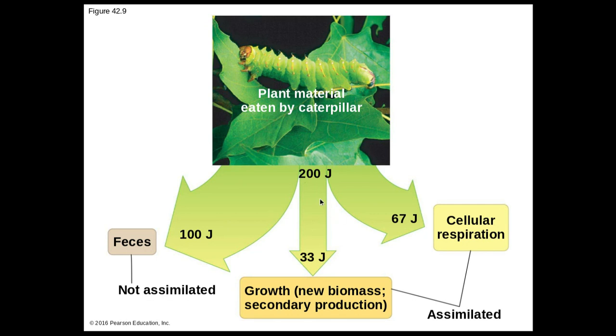Out of that 200, only 33 joules are going to be used for growth, either making new parts of itself, or which are then going to be consumed by the next consumer in secondary production. So only a very small amount of that 200 moves on.